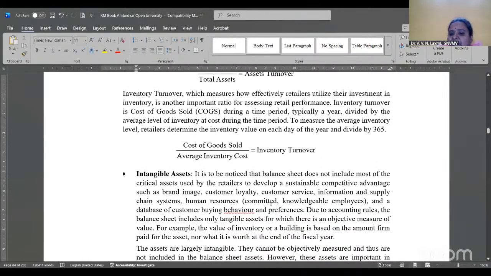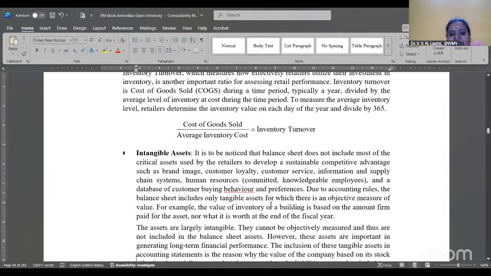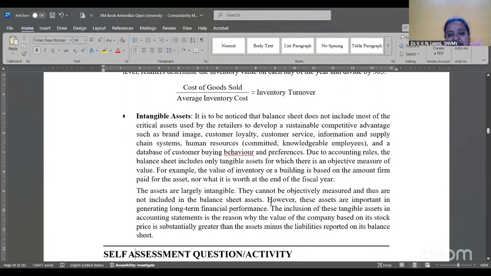So we can calculate the inventory turnover by cost of goods sold divided by average inventory cost, which gives us the inventory turnover. There could be intangible assets that can be considered by the retailer.